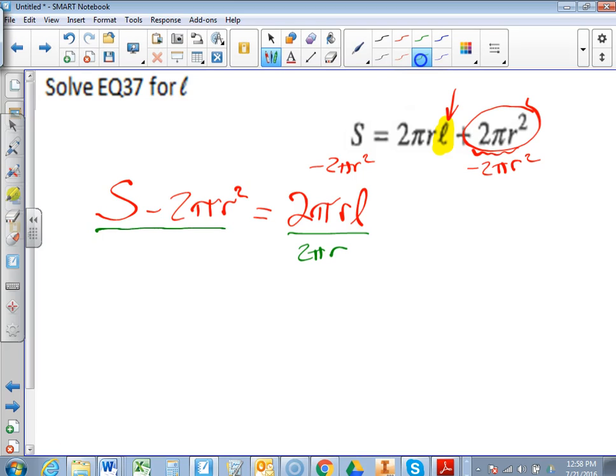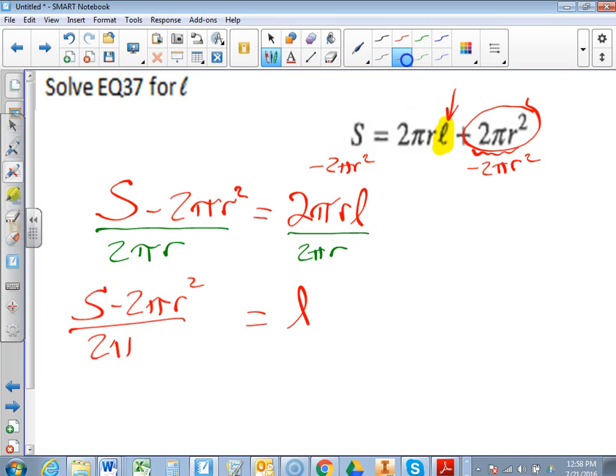That means everything over here gets divided by 2 pi r. Which gets rid of the 2 pi r on the right by making everything 1, except the L. The L survives. So I have an L on the right here, and over here I have S minus 2 pi r squared over 2 pi r.